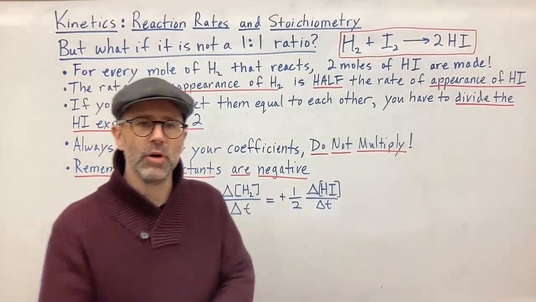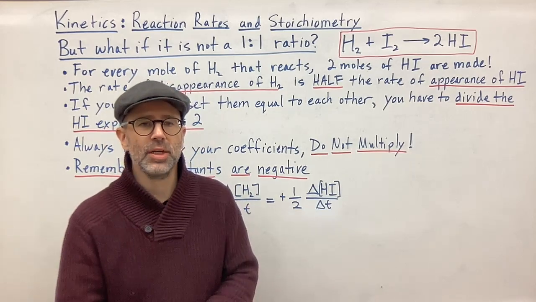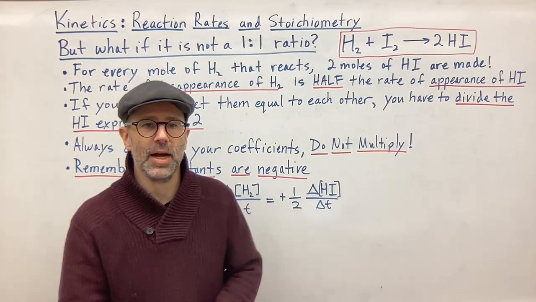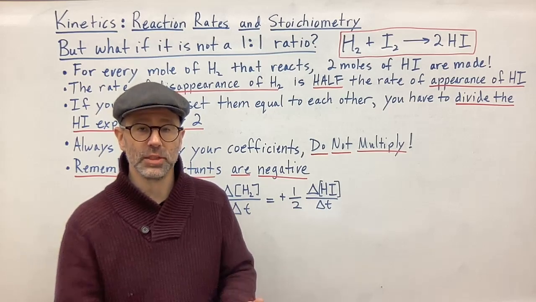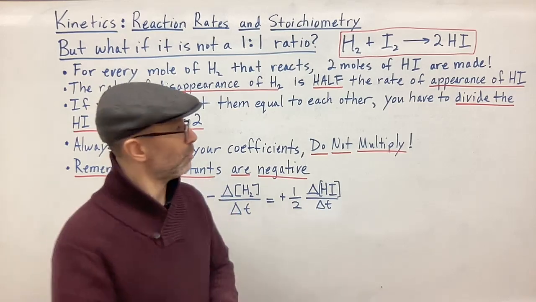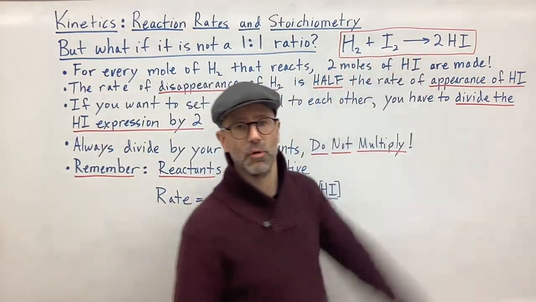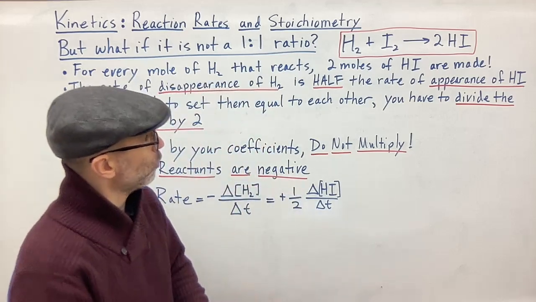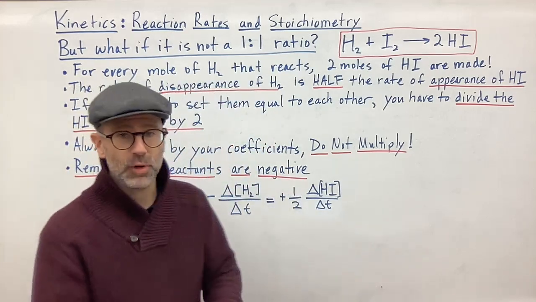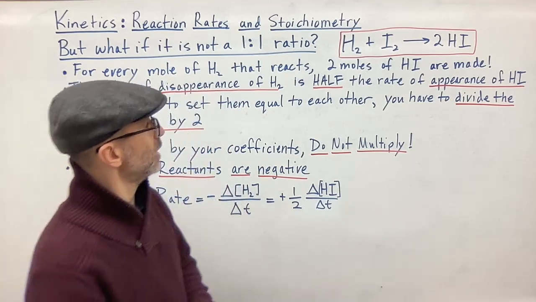Okay, so what if the ratio is not 1 to 1? What if you have an equation that has different coefficients? So here's another example. Here we have hydrogen plus iodine reacting to form HI, hydrogen iodide, or hydroiodic acid, whichever form you want to take.